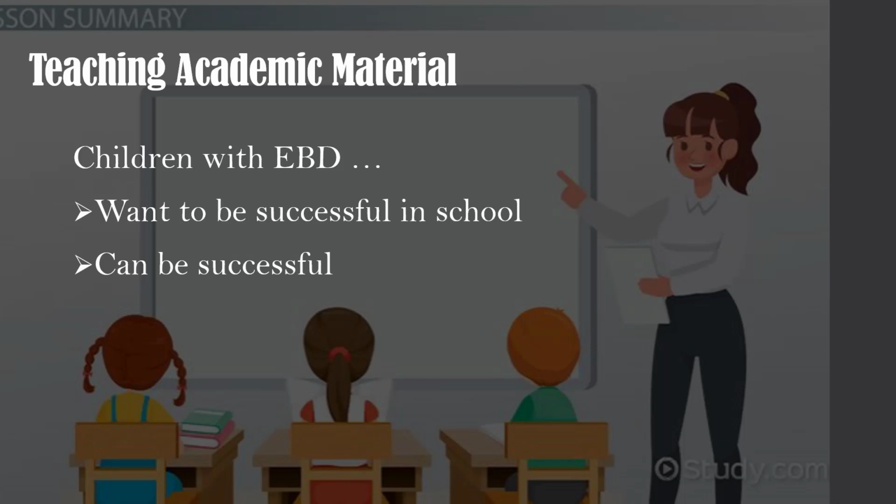If you have a structured learning environment, that increases predictability, which allows them to know when they're transferring from English to math, when they're going to lunch, all those things. If everything in your classroom management plan is consistent, then that produces that structured environment, which decreases your problem behavior and allows them to focus on academic skills.